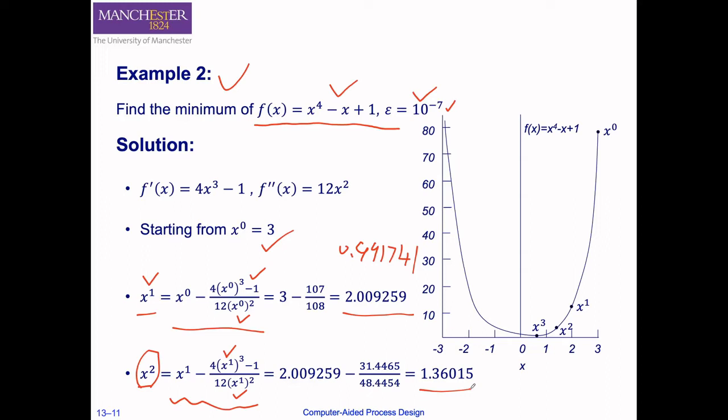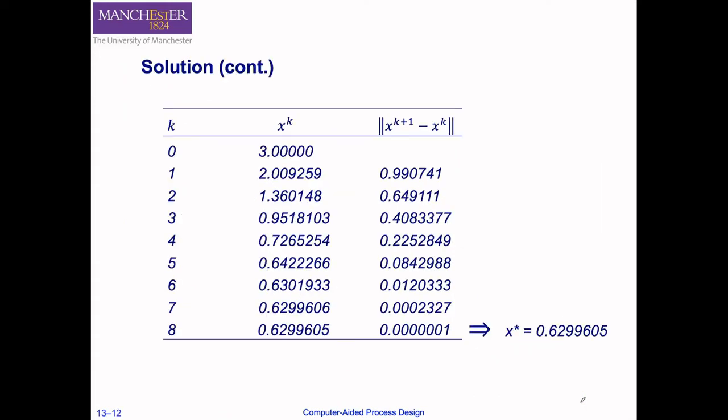We also need to calculate the difference between x1 and x2, which is equal to 0.649109. This difference is still larger than the specified tolerance. We need to continue.